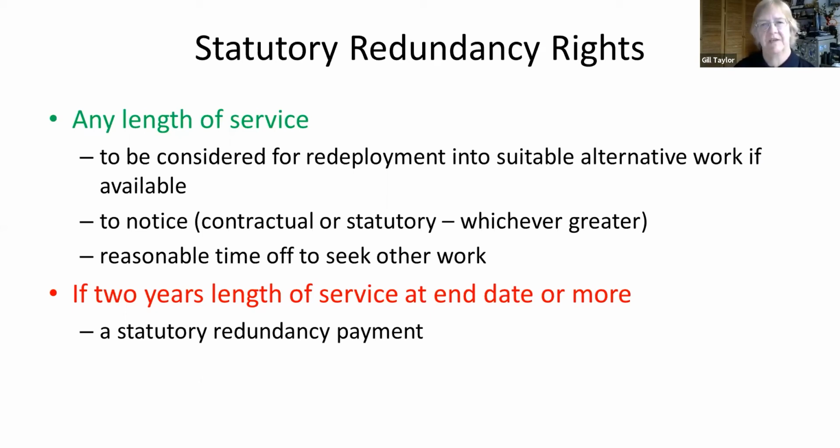Reasonable time off to seek other work. And if 2 years length of service at the end date or more, then they get a statutory redundancy payment. And there's plenty of ways of working out what that is. The government has an online calculator for that. You need their start date, end date, and age to work it all out, but it does it for you. So that's handy.